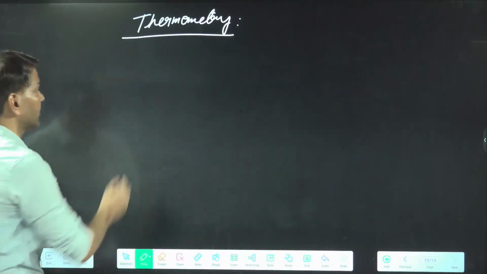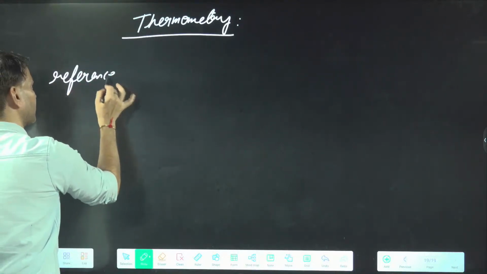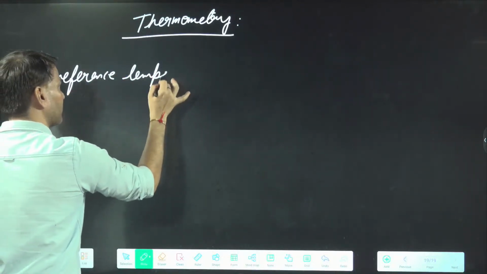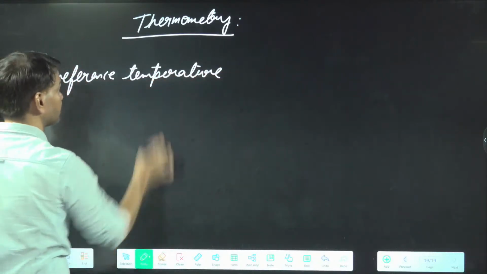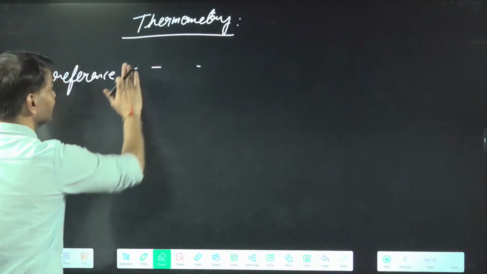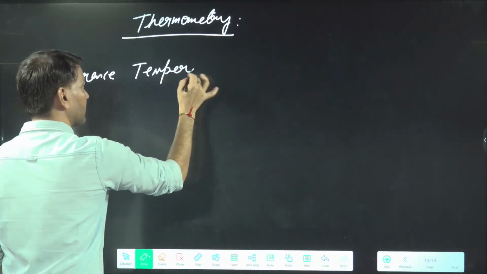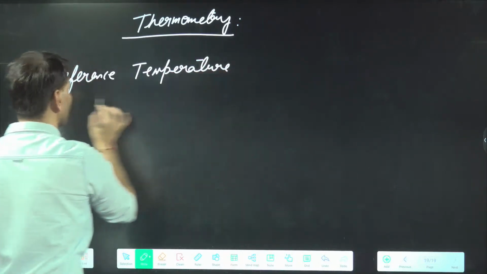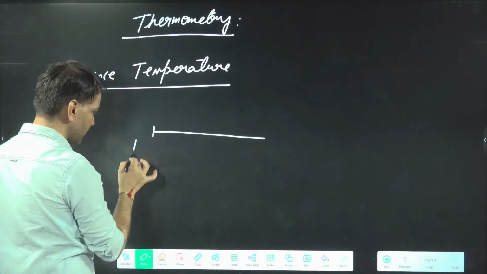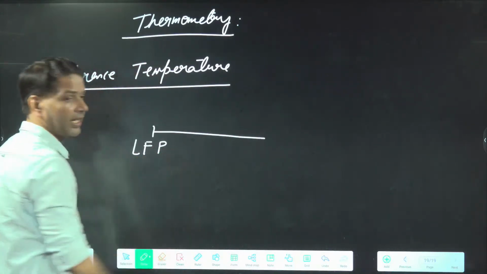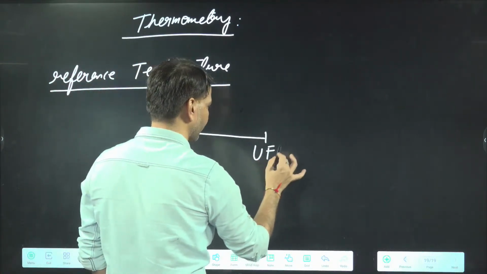So for those reference temperatures, the lower temperature we say is the LFP, and the higher temperature we say is the UFP.